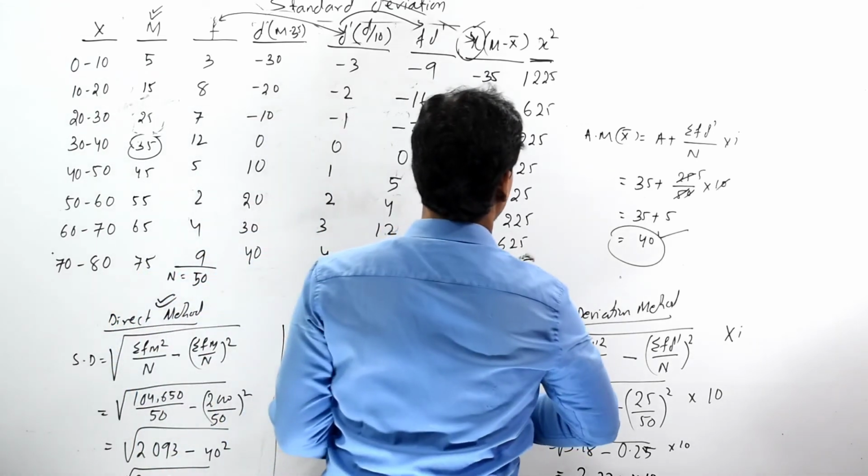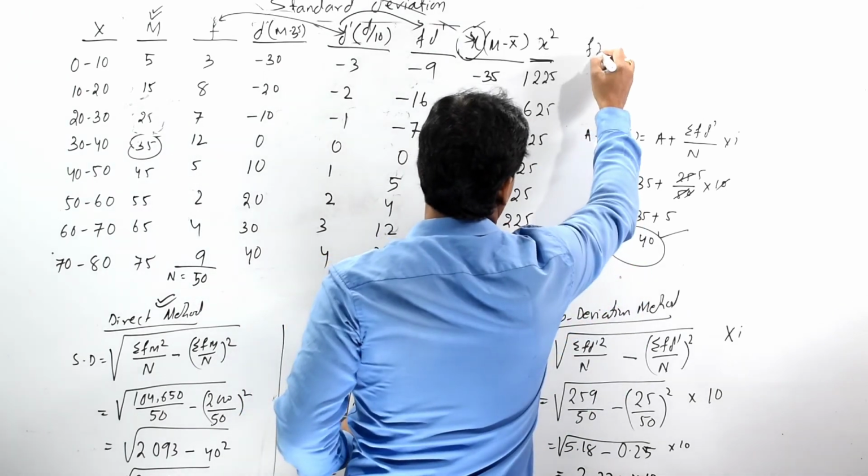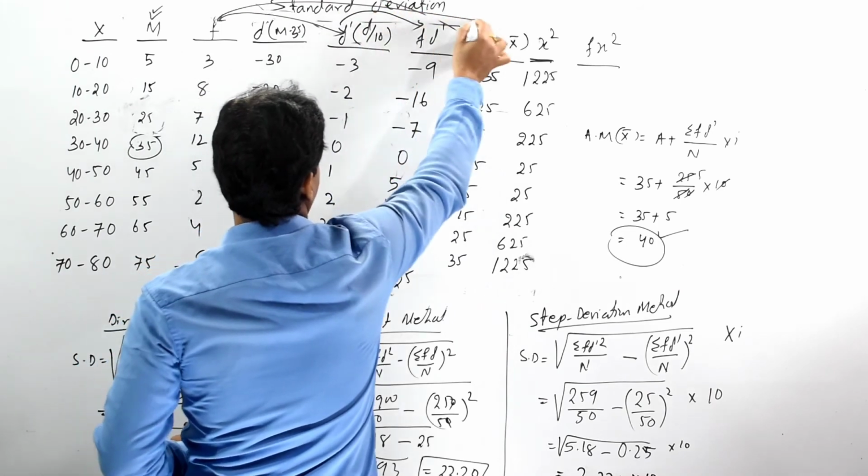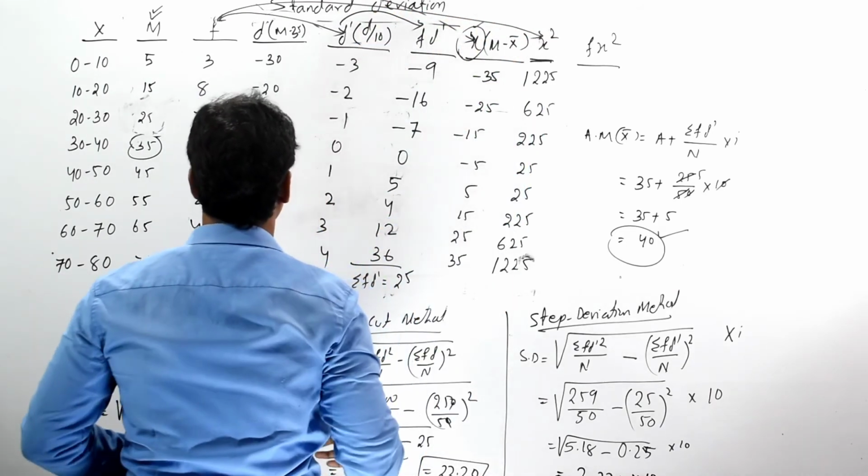Now find out f x square by multiplying the frequency with x square.